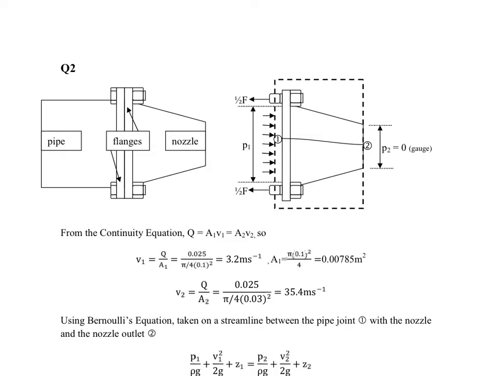Because of this convergence, there is a momentum effect and there is a tendency for the nozzle to shoot out. So it is important that in this case we have flanges and flange bolts between the pipe and the nozzle to hold on to the nozzle. So what we are going to do is do a calculation of these forces.